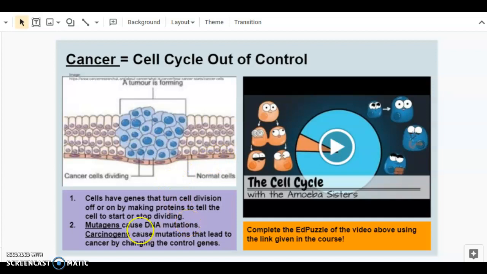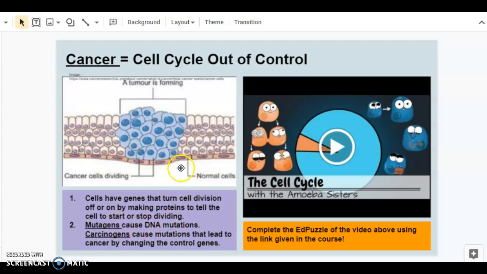And remember, because cancer cells are caused by problems with genes, often that can be caused by a mutation in that gene. We've talked about mutagens before, things that cause DNA mutations.